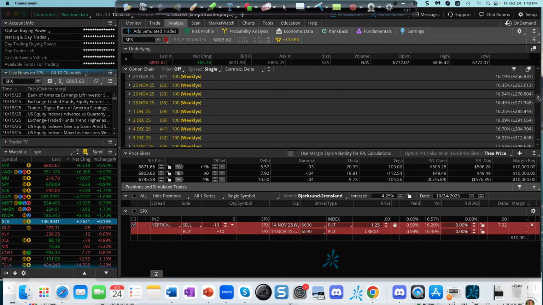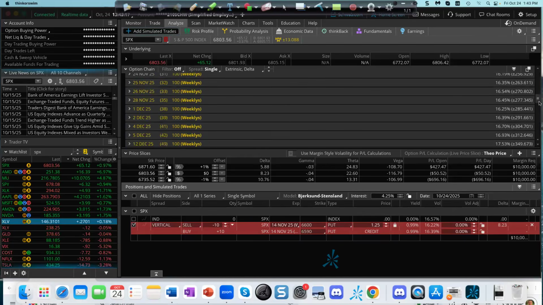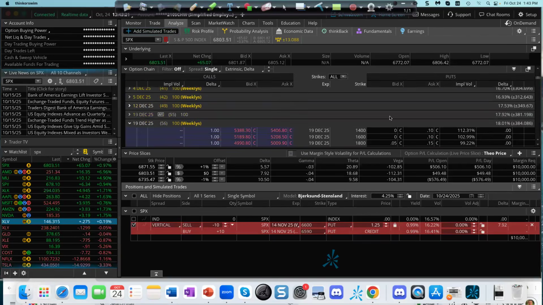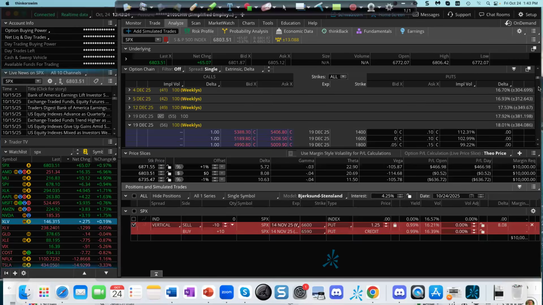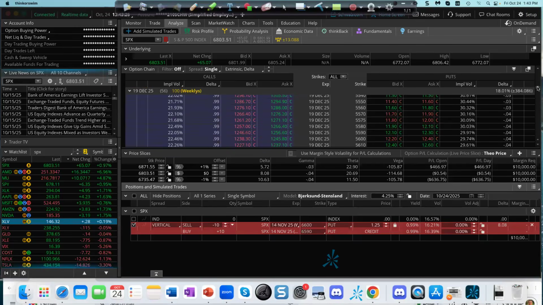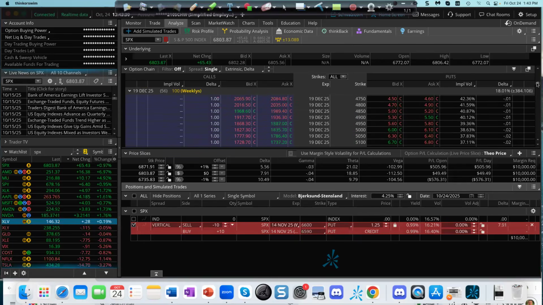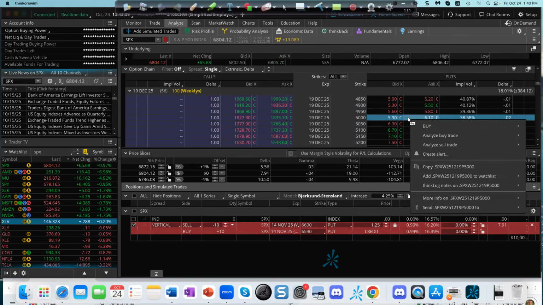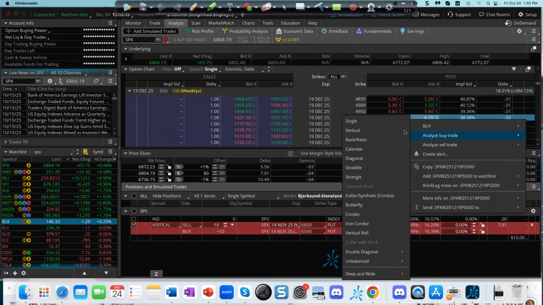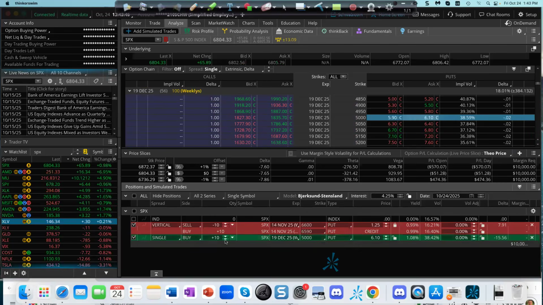Could I go out, say 56 days, and buy, I'm just throwing this out there, a 2 delta put for $6? You see what I'm doing here? I'm going 56 days out and I'm going to buy one put.